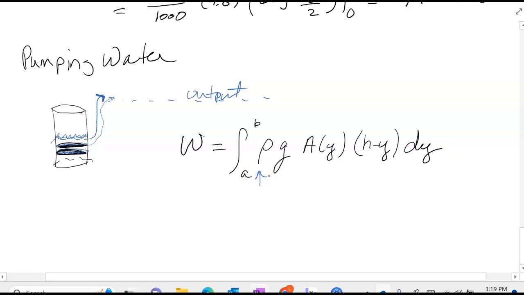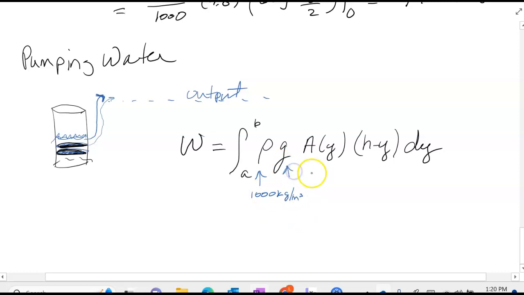First, density of water. We're going to use a standard 1,000 kilograms per meter cubed, and we're going to keep that as a standard.